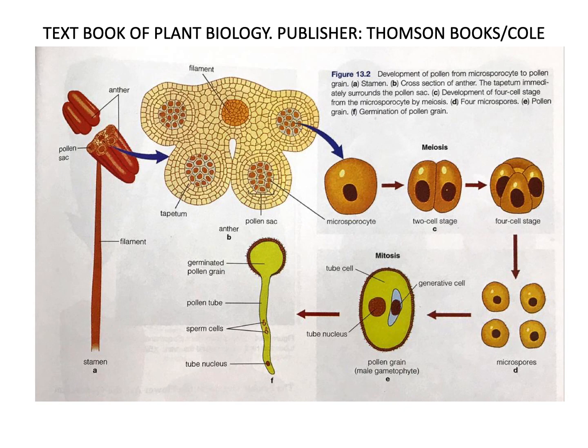So let's look at the development of pollen from microsporocyte to pollen grain. The picture is adapted from the textbook. We can see that the pollen grain is surrounded by an elaborate cell wall.